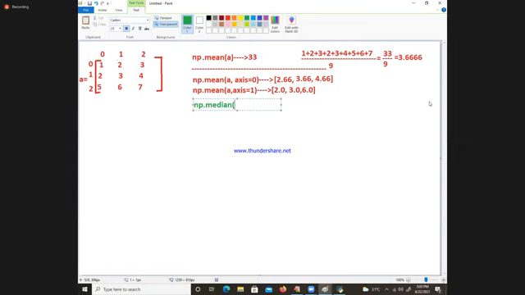Median is nothing but: first sort all the elements and take the center element.